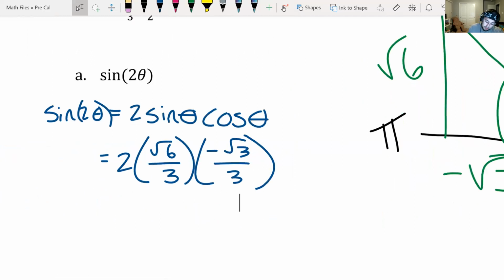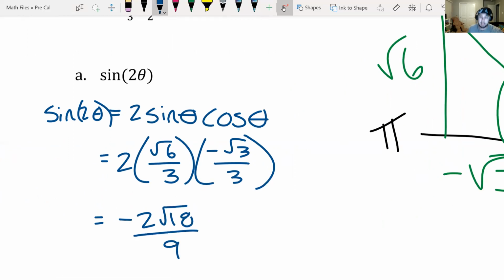Clean it up, and what I'm going to have is negative 2 square root 18 over 9. Now, does the square root of 18 break down? Yeah. Square root of 18 becomes square root 9 square root 2. Square root of 9 becomes 3.